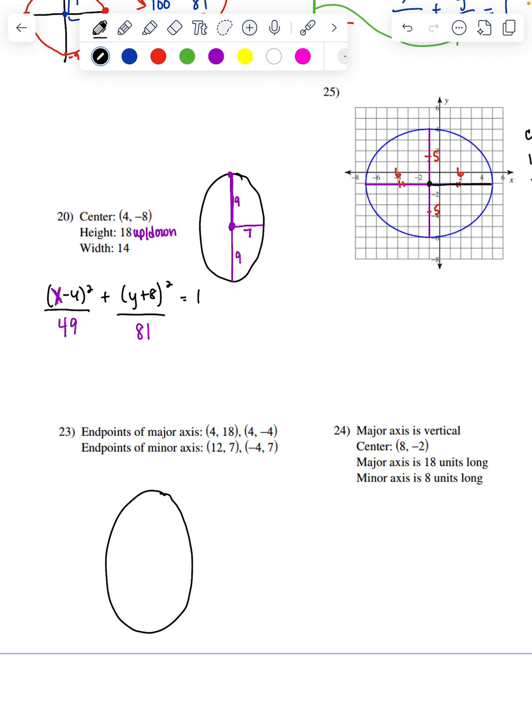So if the major is over 4 and up 18 and over 4 and down 4, you can see that they go straight up and down on the 4. Right, this number is the same. The minor axis is over 12 and up 7, and left 4 and up 7. And you can see here the 7s are the same, so it's straight across.